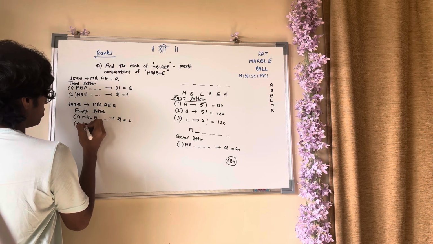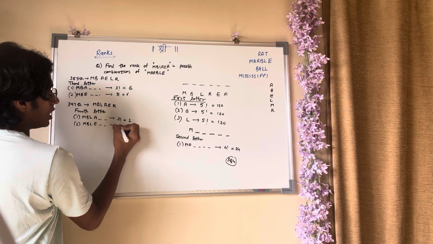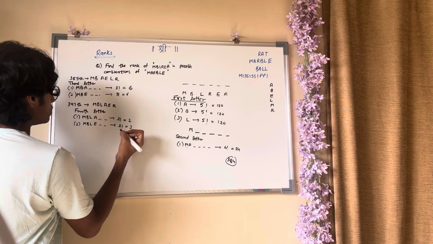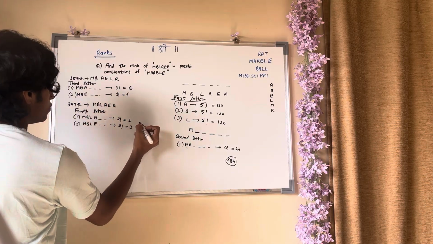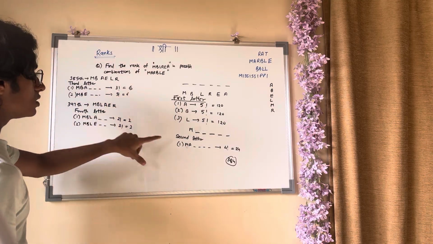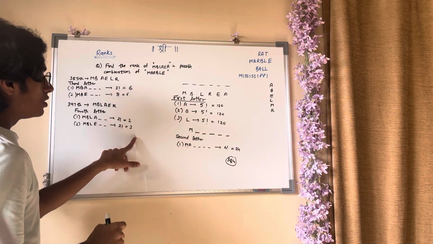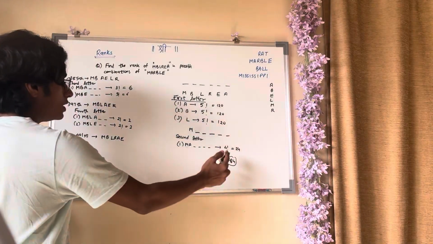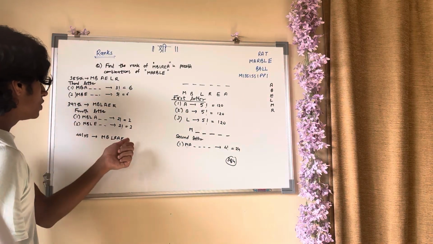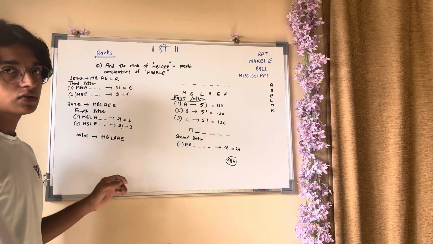Second would be MBLE, 2 dashes, and would give 2 factorial, equal to 2 words. Now 2 plus 2 would be 4, and 4 plus 12 plus 384 is 400.